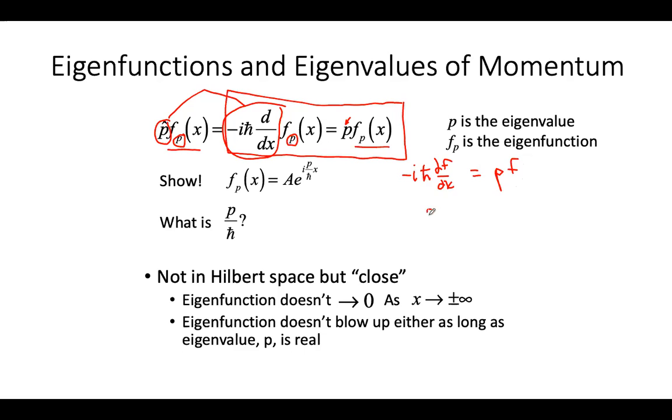So I'm going to leave on this side df over f, and I'm bringing that to the other side of the equation. And then the constant p is already there. I have to divide through by minus i h bar. And then I'm going to bring the dx over as well.